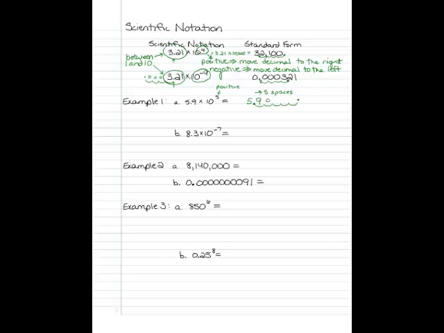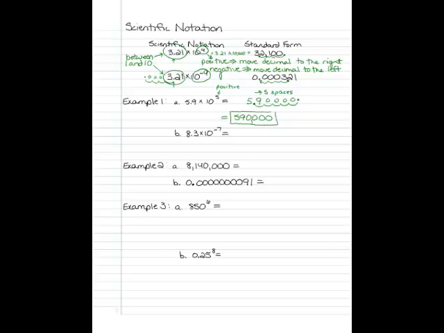Any empty space, fill in with zeros, and then rewrite this nicely. This becomes 590,000 instead of the 5.9 times 10 to the fifth. The 590,000 is in standard form.